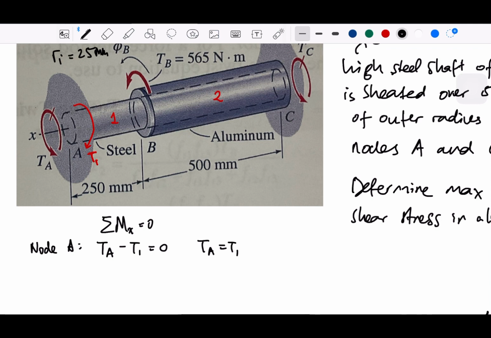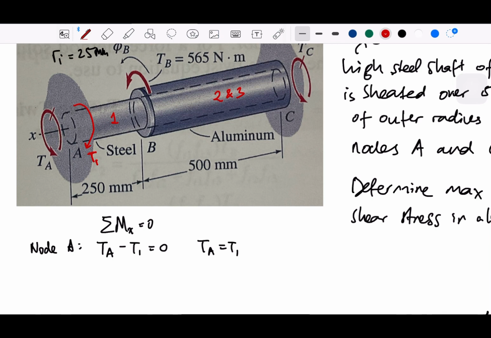Okay, so this is T1, but for material 2, because it has aluminum and steel, there will be 2 types of torsion: torsion for steel and torsion for aluminum. So it will be 2 and 3. Okay, materials 2 and 3.